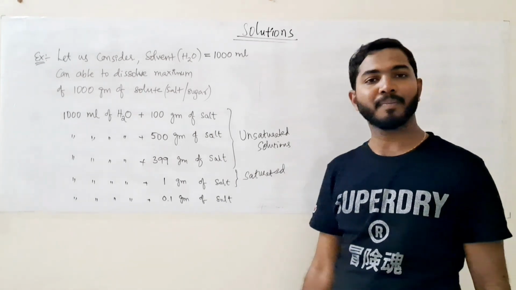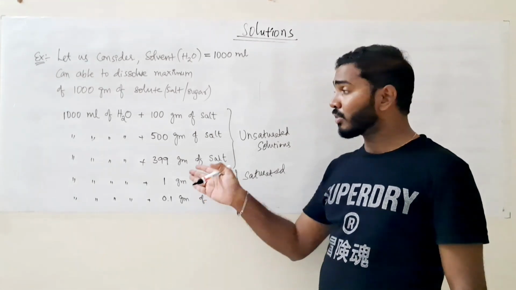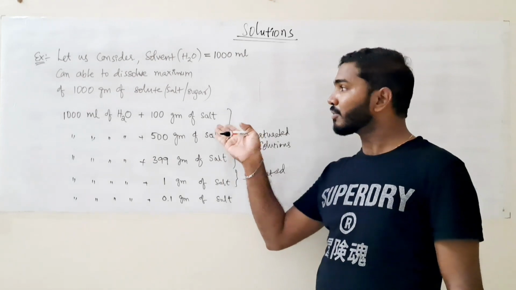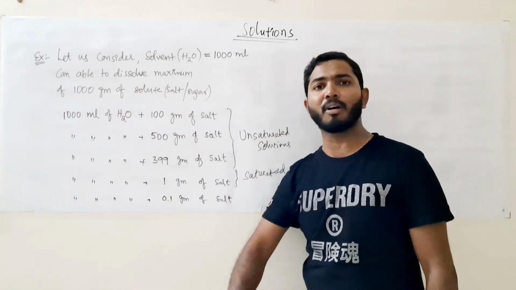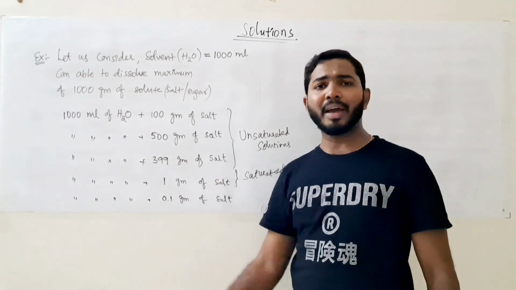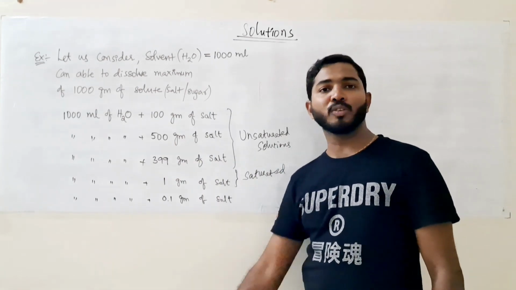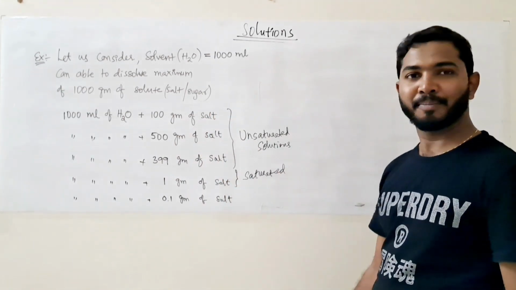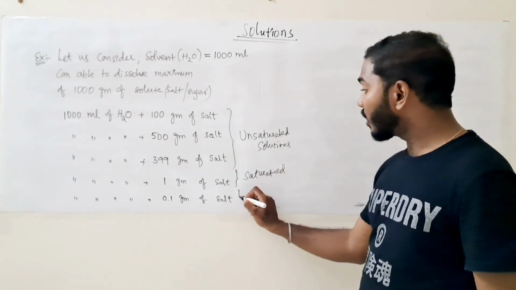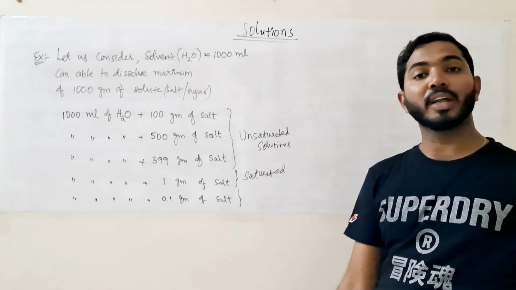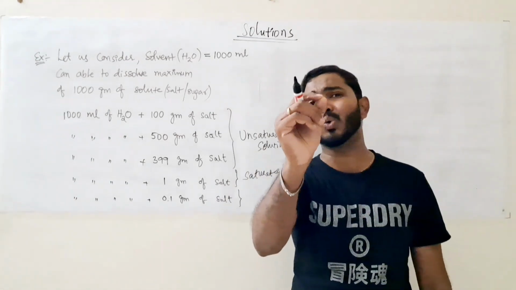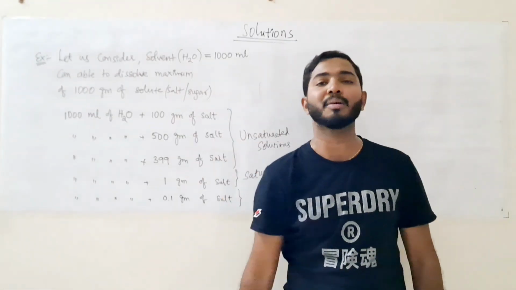Because 1000 grams of salt has been dissolved in 1000 ml of water, that is the end point, the maximum dissolution capacity. Yes, this is the saturation point. Once we complete this 1000 grams, even if we add 0.1 grams, it is going to settle as a precipitate.